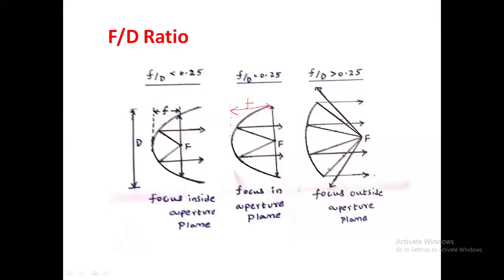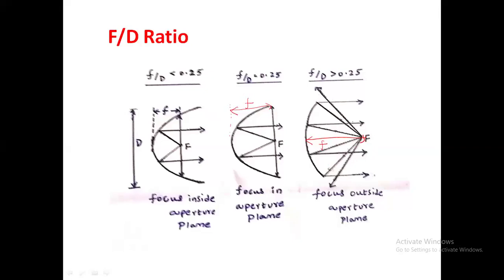In the third case, I have moved out of the aperture. This is the aperture opening, but I have placed my focal point far away from it. The focal distance is taken as the reference from here to here. Compared to the first two cases, the focal length has increased a lot. These are the aperture endpoints.